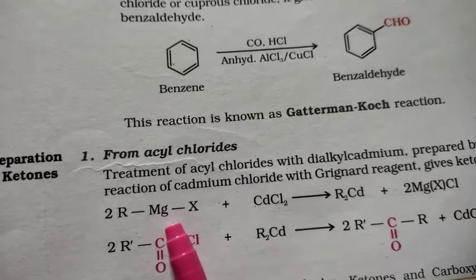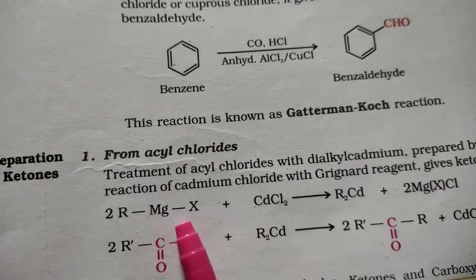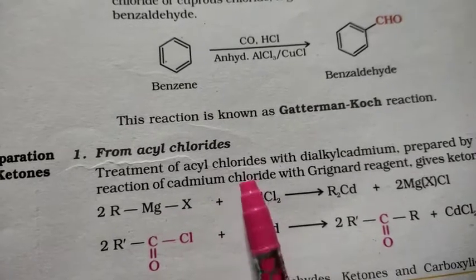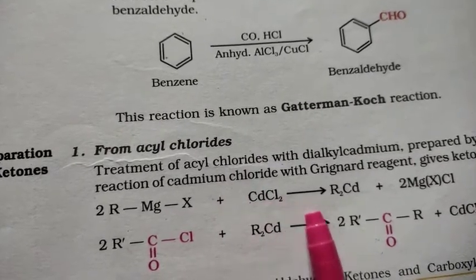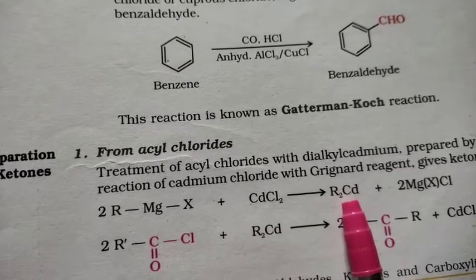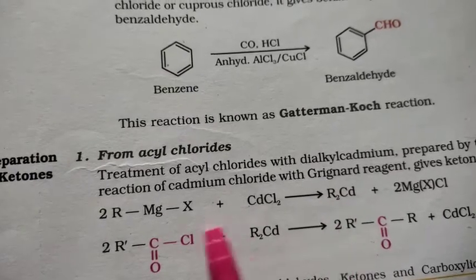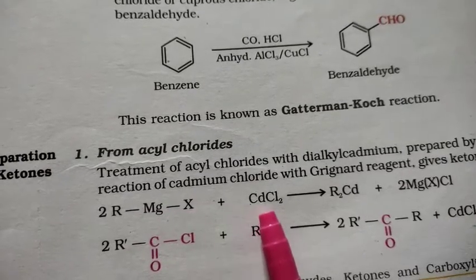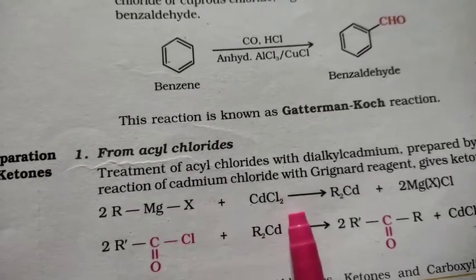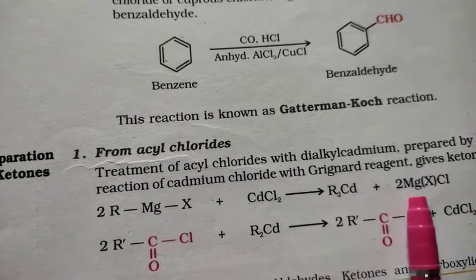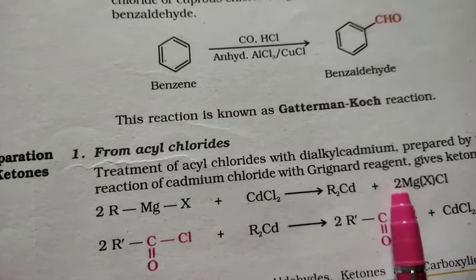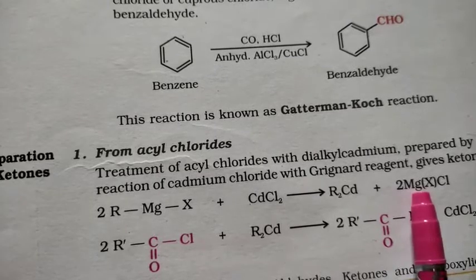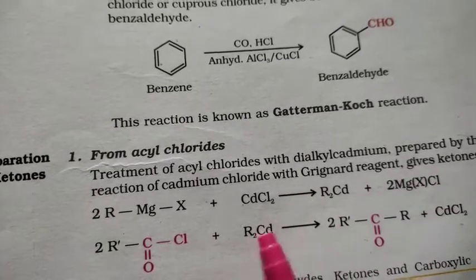So this is the Grignard reagent, and with the help of this Grignard reagent we will treat the cadmium chloride and we will get dialkyl cadmium. Clear? This MgX is substituted by cadmium, and this MgX is bonded with Cl, so you will get MgXCl, and there are two molecules or 2 moles of MgXCl.